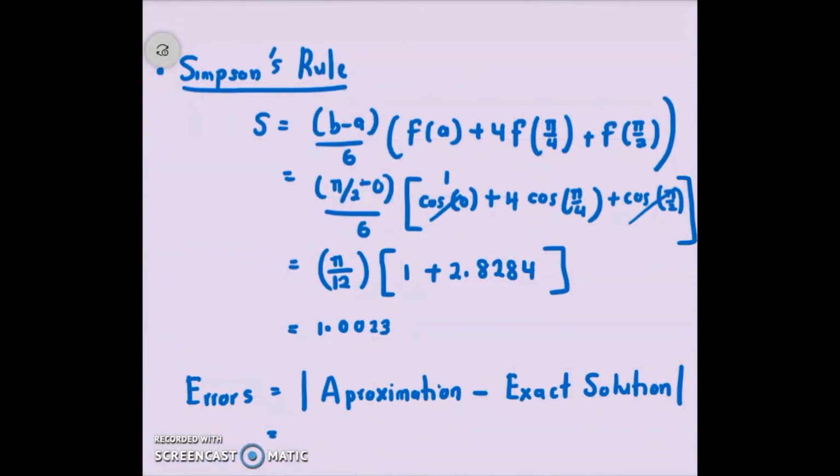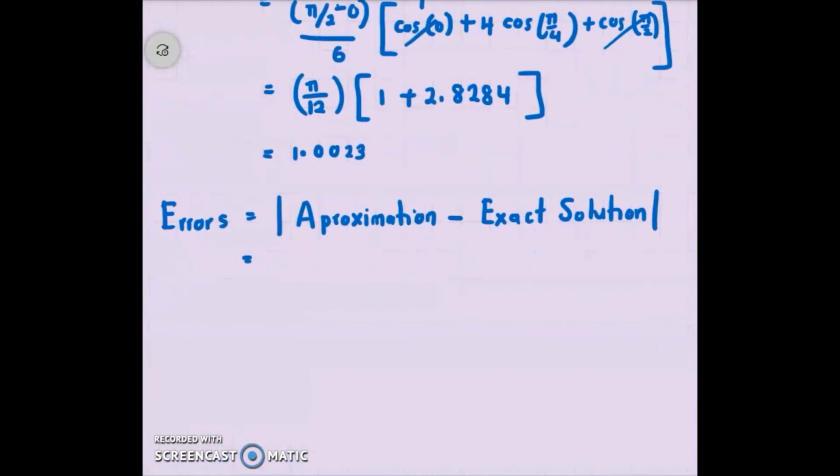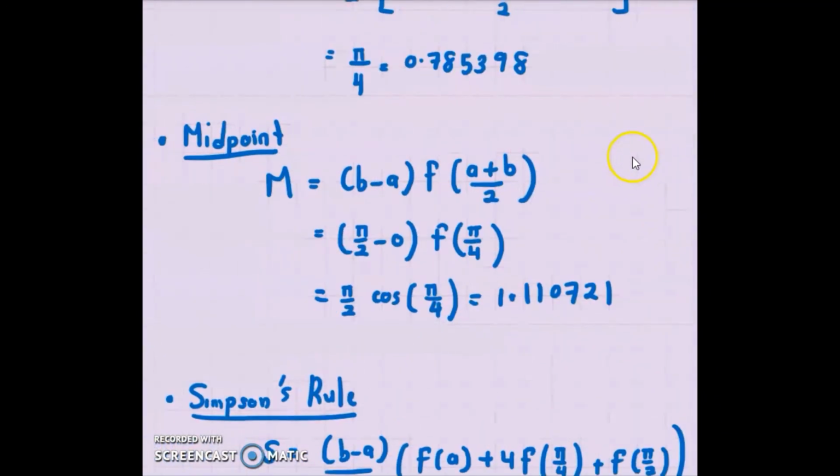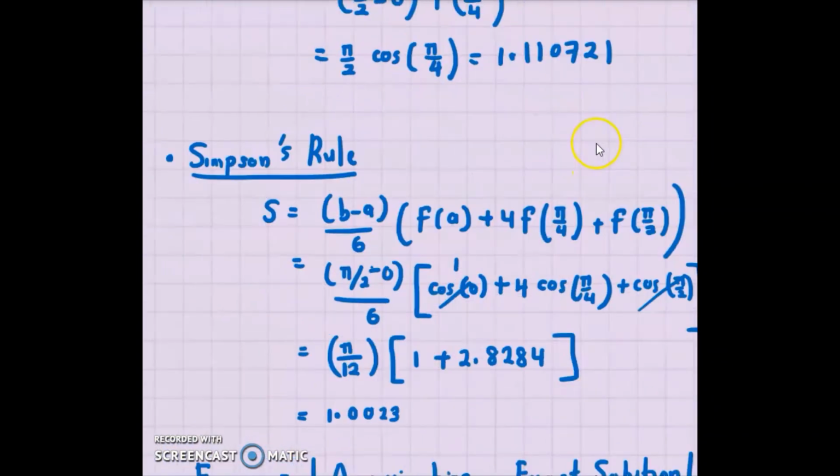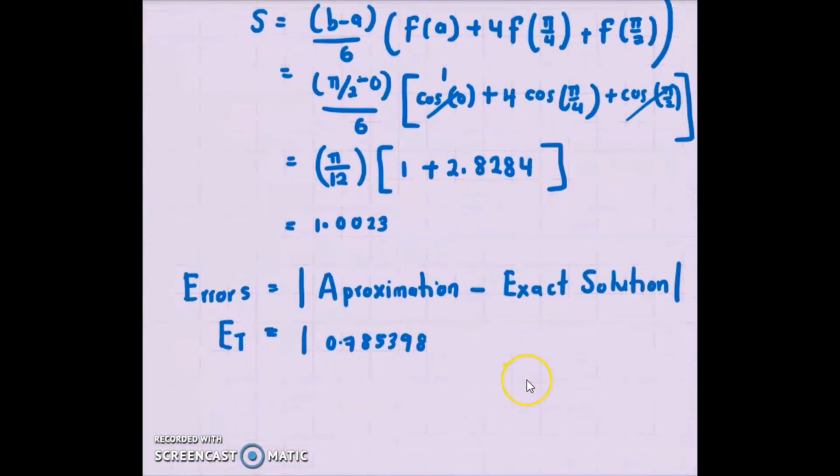Now we want to compare all these 3 methods. So we have first E_T, the error for the trapezoidal rule. The approximate solution we obtained is 0.785398, so this is the trapezoidal that we obtained, minus the exact solution, which is 1.